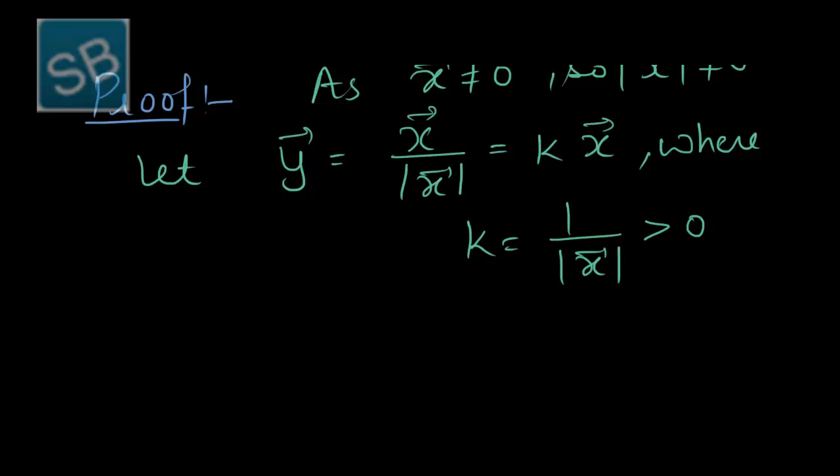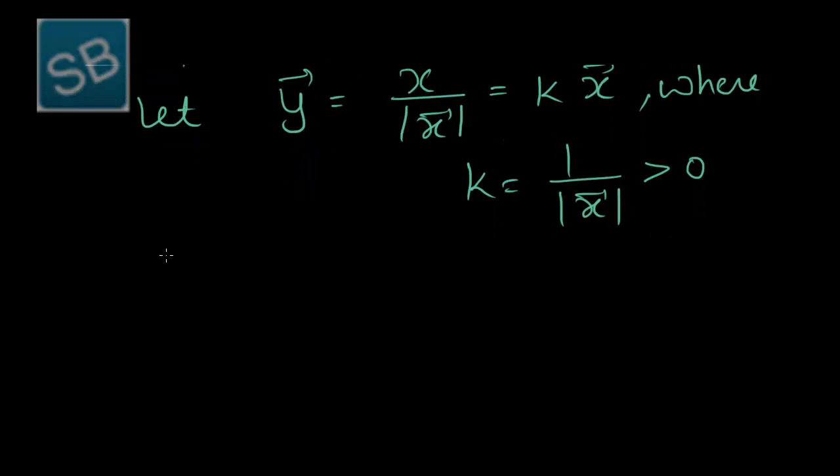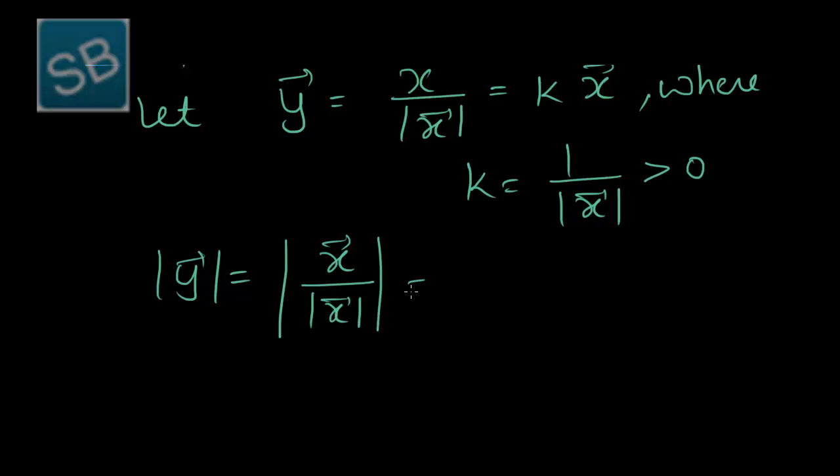As k is greater than 0, y becomes k times x. So we will find the magnitude of y, that is magnitude of vector x over magnitude of vector x, whole magnitude.